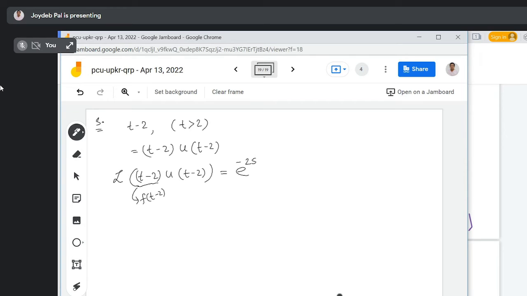So what is f(t)? It is t. So we have to multiply e to the power minus 2s by the Laplace transform of t, so it is 1 by s square.